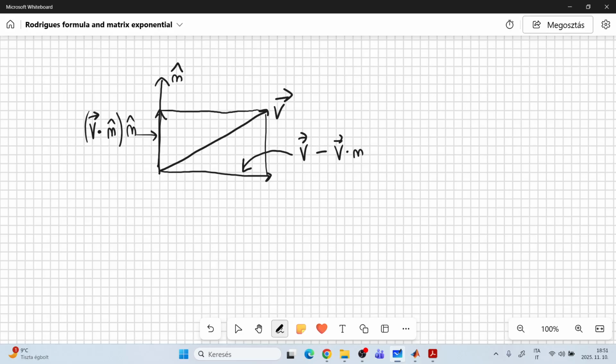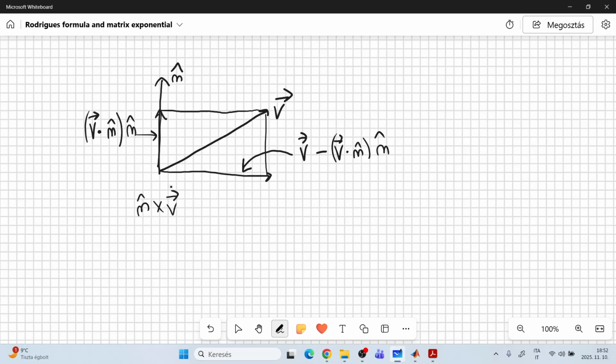So this is just simple algebra. We can also write it like this. So this one here is parallel to the vector n, whereas this one here is perpendicular to the vector n. That's quite understandable, right?